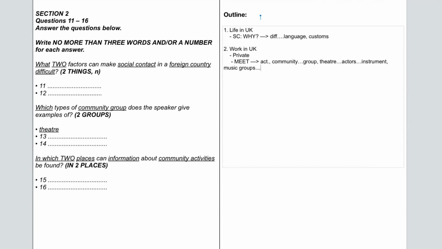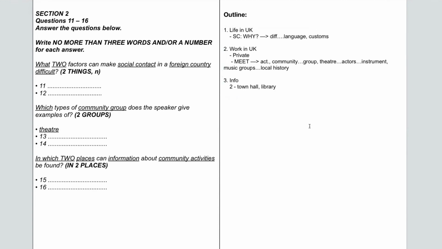Or if you like the idea of finding out about local history, there'll be a group for that too. These are just examples. And the best place to get information about things like this are either the town hall or the public library. Libraries in the UK perform quite a broad range of functions nowadays. They're not just confined to lending books, although that's their main role, of course.